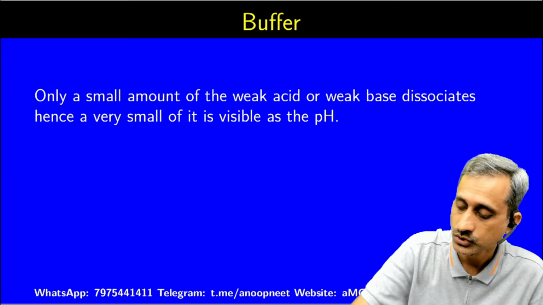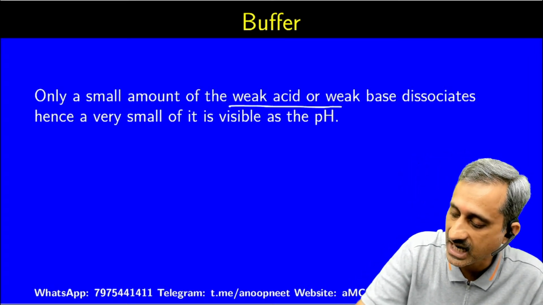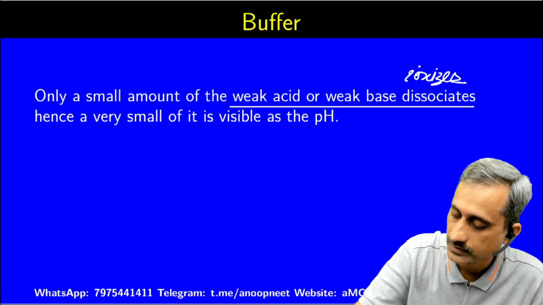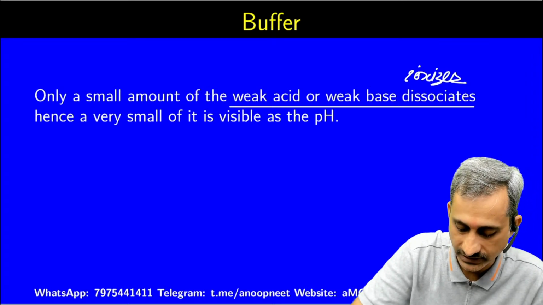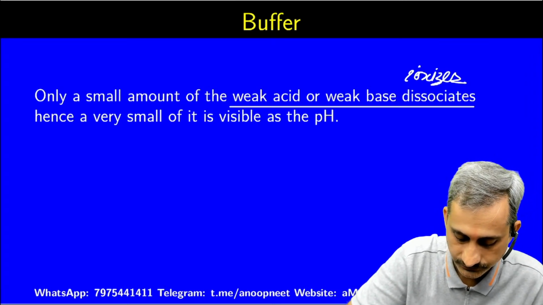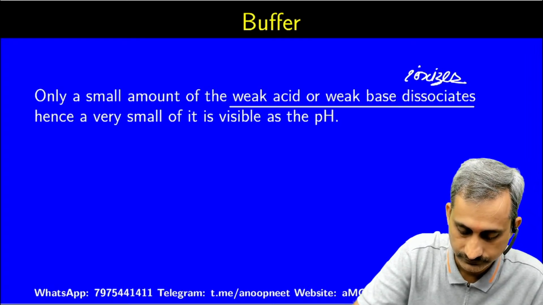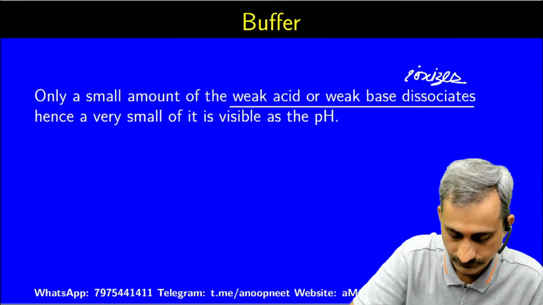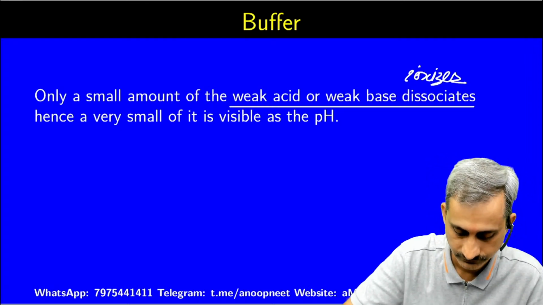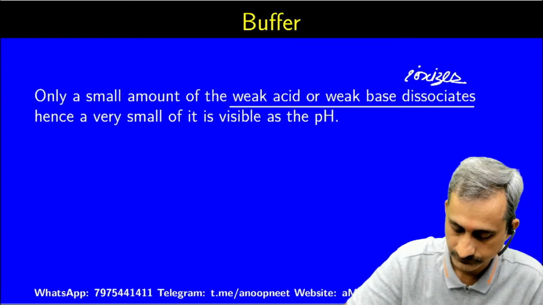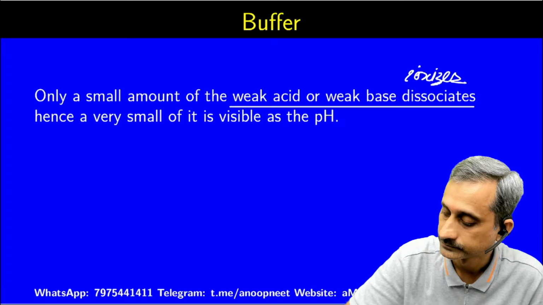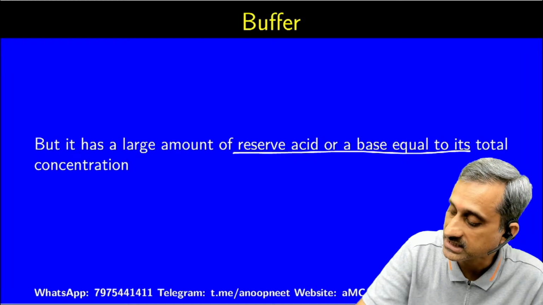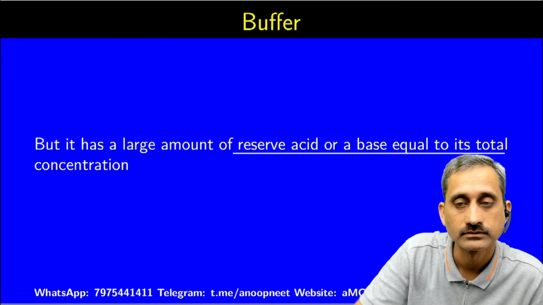So only a small amount of the weak acid or weak base dissociates or ionizes. Hence, a very small amount of it is visible. But it has a large amount of reserve acid or base equal to its total concentration.